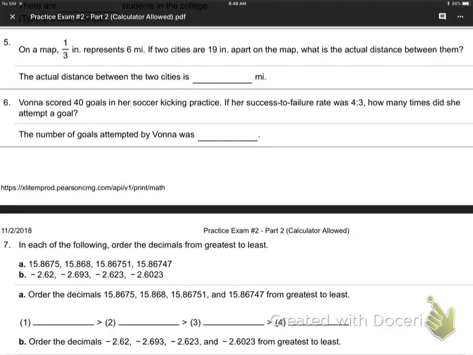So number 5, on a map, 1/3 of an inch is 6 miles. 19 inches is how many miles? So this is going to be a ratio. We'll bring number 5 down here. It's good to write down your inches over miles. So 1/3 of an inch is 6 miles. And then 19 inches is X miles. So there's our little ratio. How do we solve a ratio?